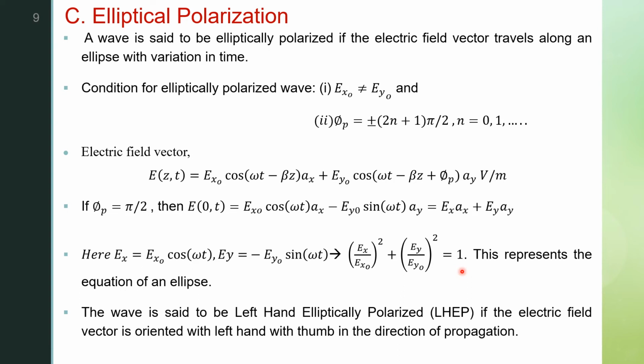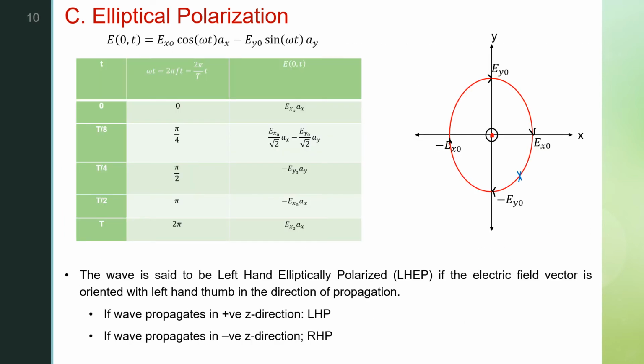If the wave rotation and the direction of propagation match with your left hand, then it is left hand elliptical polarization, and if they match with your right hand thumb and its fingers encircling, then you call it right hand elliptically polarized.